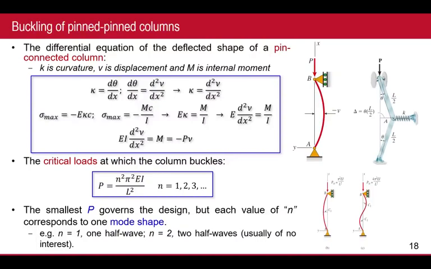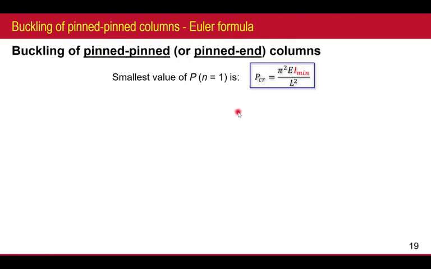As I say, n equal to 1, because of the meaning: 1 half, second half, third half, fourth half, fifth half, continuing. But it has already failed at 1 half, so I don't care about second, third, that's nothing. If this one is reached, the column has already failed. So from here, we only take n equal to 1 and get this value. But remember, this I must be the minimum or least value of all the principal axes.